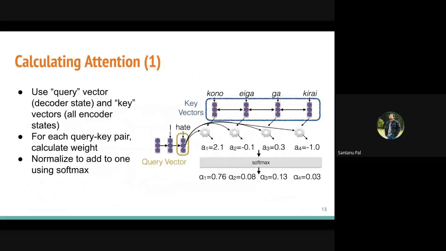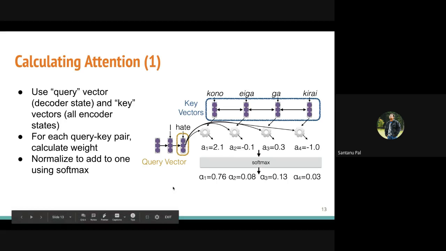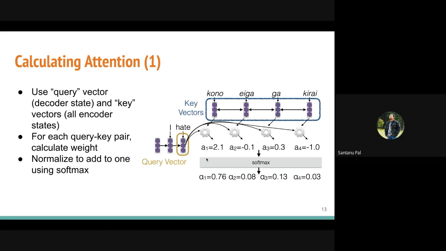Now maybe we can see an example of dot product attention. To calculate attention, we have three different vectors. One is the query vector, which comes from the output state like ST we have seen before, and the key and value vectors come from the encoder side, like the H vectors we have seen before.